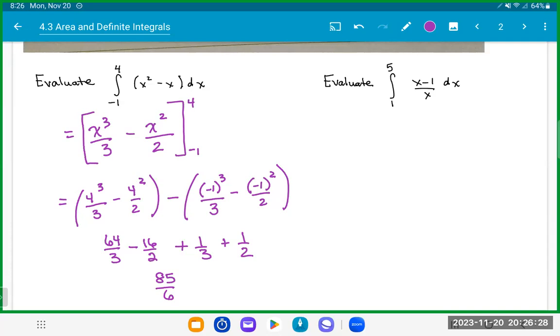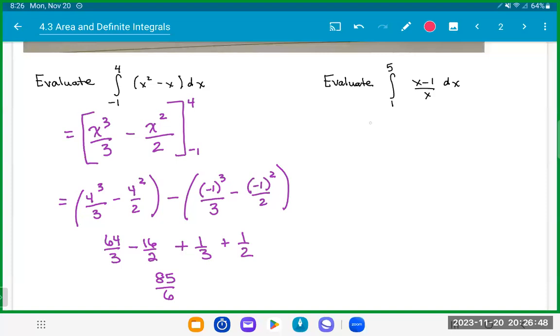All right. So let's look at another example. We want to evaluate the integral. Now it's a little crazier, right? We have x minus 1 over x dx, and we want to evaluate that from 1 to 5. How do we do that?